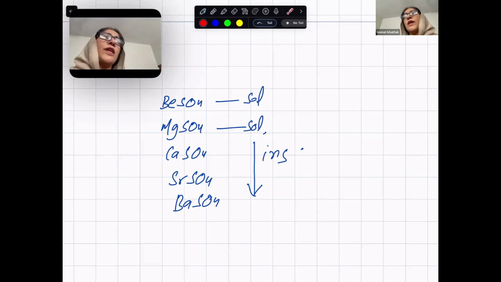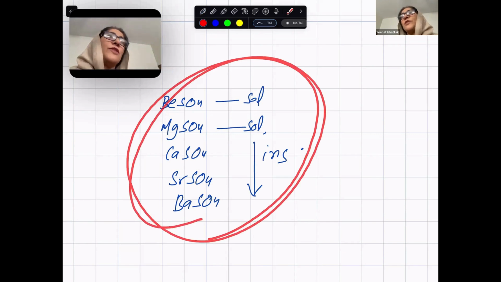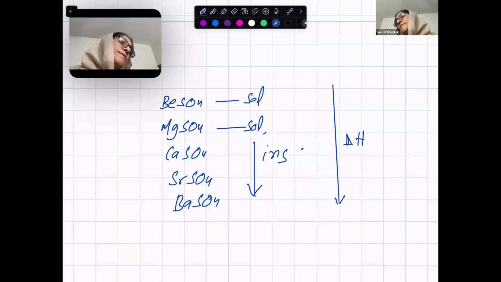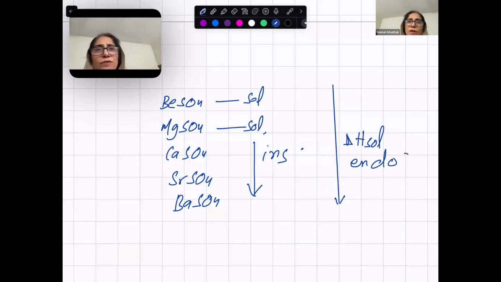They are ionic, and when they get insoluble, their delta H solution is getting endothermic. How are we going to describe delta H solution becoming endothermic down the group, what is the reason?